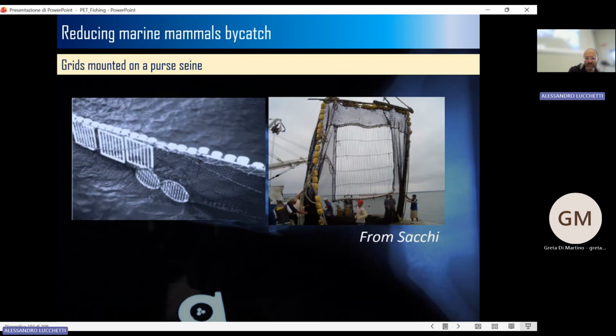Leave this out. This is a solution for pelagic trawling, but I bet nobody in the world is using this solution to avoid the catch of dolphins.